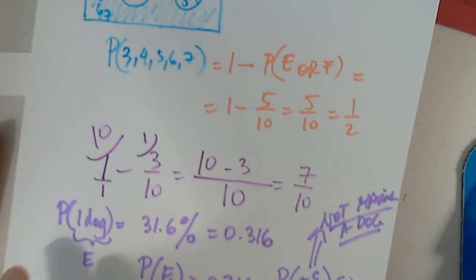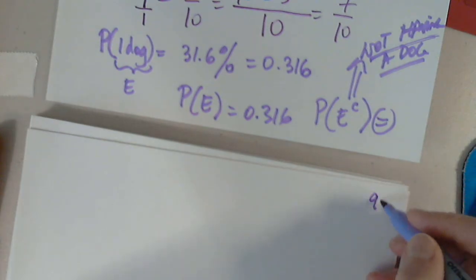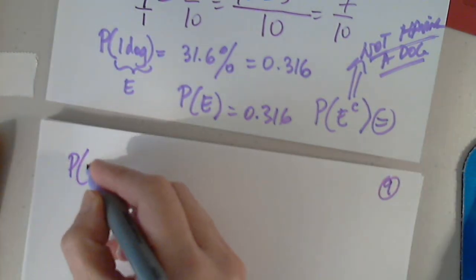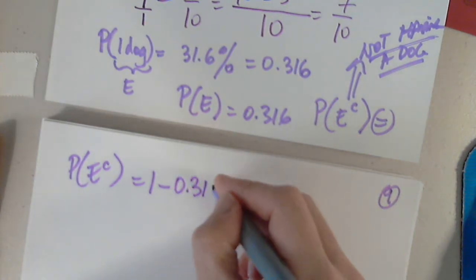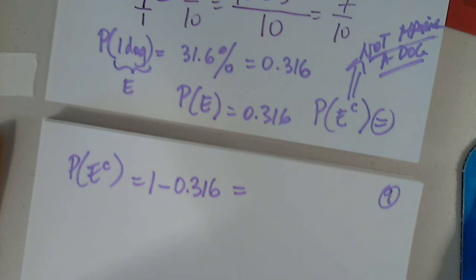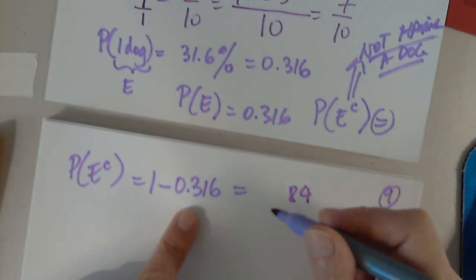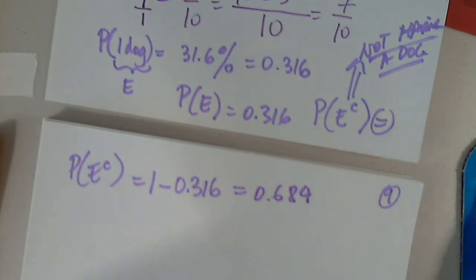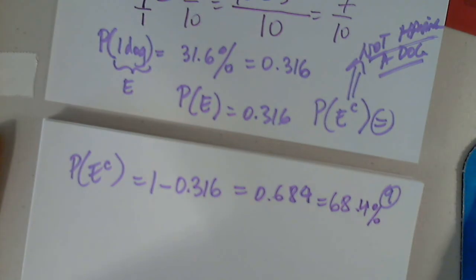So obviously this will be 1 minus the probability of having a dog. So the probability of E complement is 1 minus 0.316. And you calculate that, and what am I getting? I'm getting a 4, an 8, and a 6. So this is 68.4%.